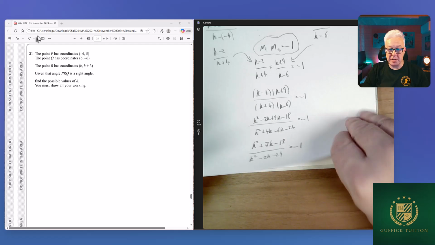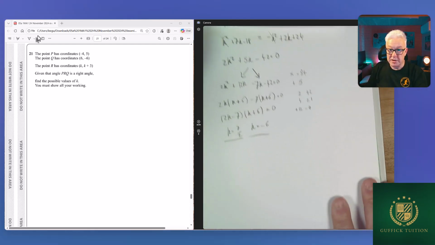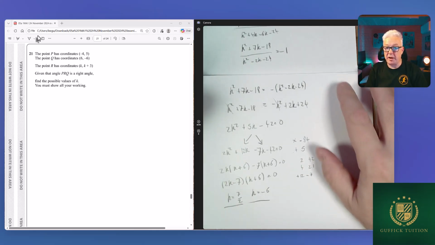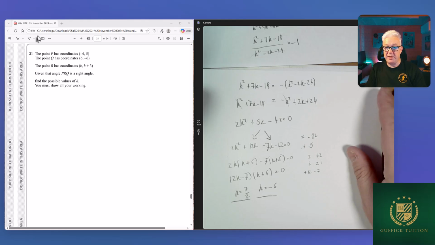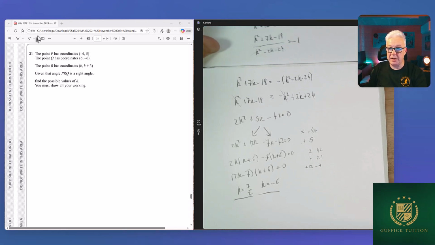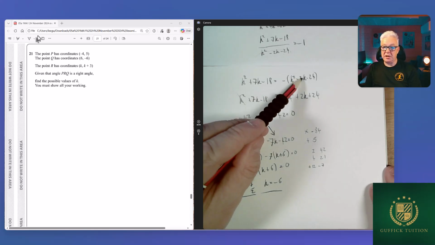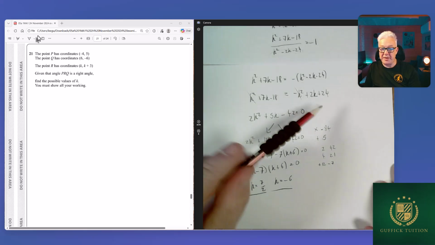So now we've got to solve this in order to find our values of k. So from there, where are we going to go? I've just multiplied both sides by this denominator here. So that gives me k squared plus 7k minus 18 is equal to minus (k squared minus 2k minus 24). So from here, I'm now going to expand that bracket.